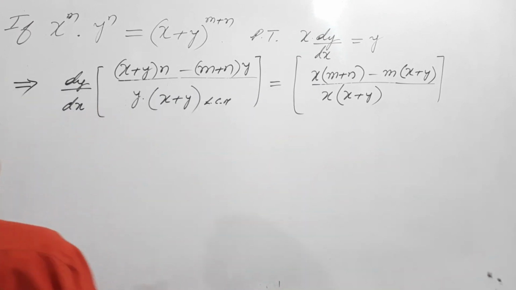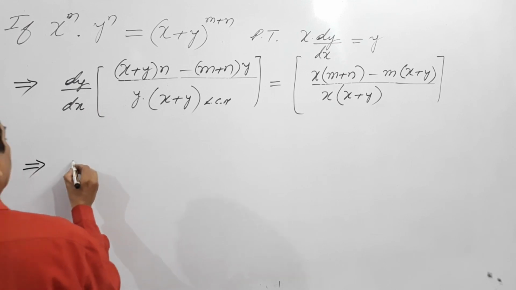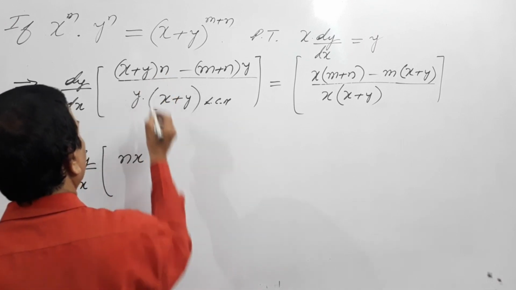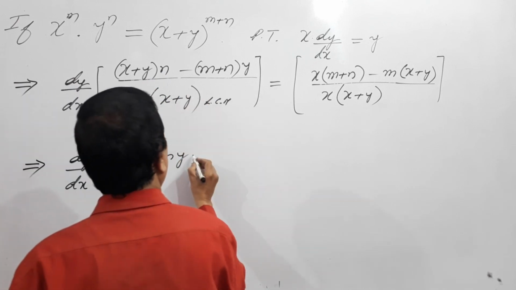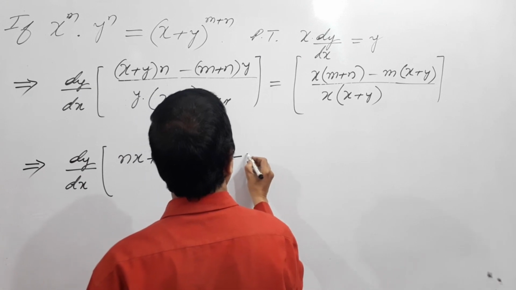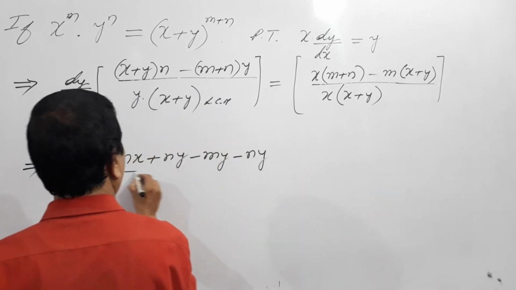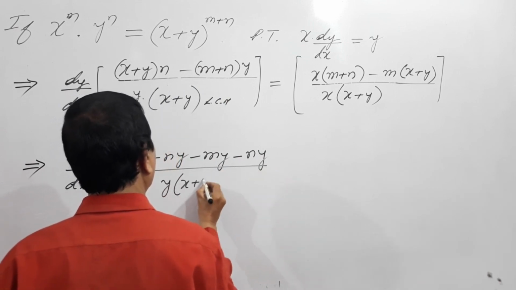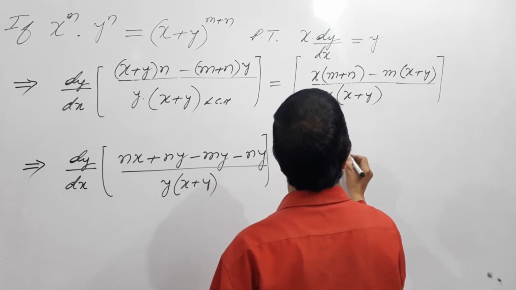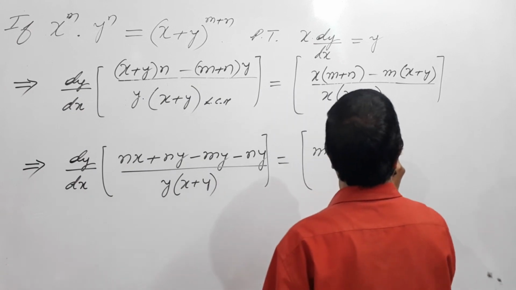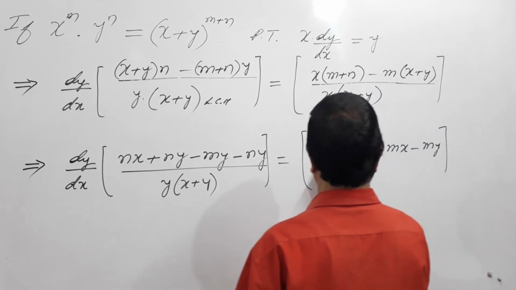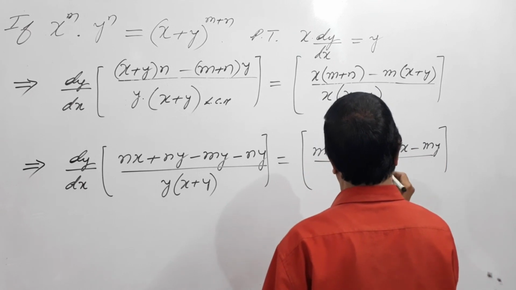So what we will do? We will multiply this. That is dy by dx equals to, this will be n into x plus ny minus my minus ny by y into x plus y equals to, again here mx plus nx minus mx minus my divided by x into x plus y.